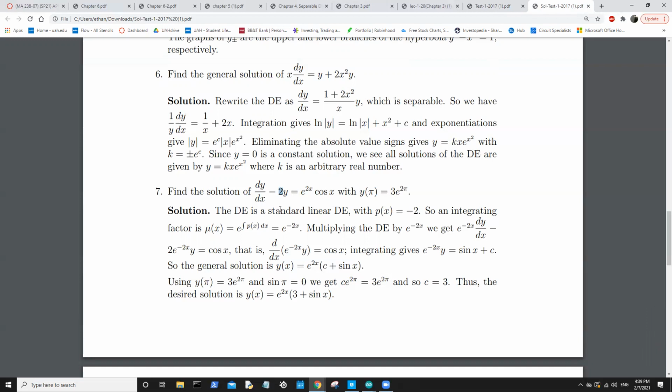So yeah, you do your integrating factor. He defined his u of x. He got lucky with it just being negative 2. Ours was negative 2x instead. So then multiply both sides by that. And it ends up meaning, as he shows there in the third line down, that d dx of that, which becomes product rule, is equal to cosine x.